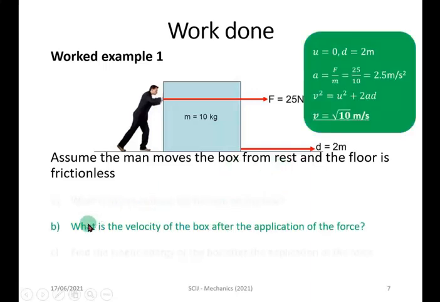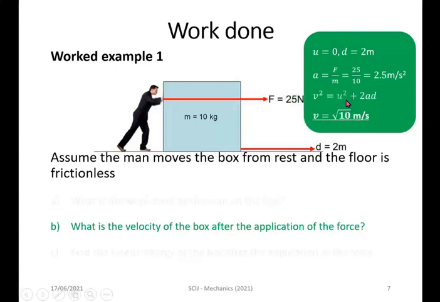The second one, we are supposed to find the final velocity. Now, it started from rest. That's the initial velocity is 0, and it has moved through a distance of 2 meters. We can find the acceleration given the mass here. So the acceleration will be 2.5 meters per second squared, because 25 Newton divided by 10 will give us 2.5 meters per second squared. Knowing the initial velocity, the distance traveled, and the acceleration, we can use the third equation of motion to find the final velocity.